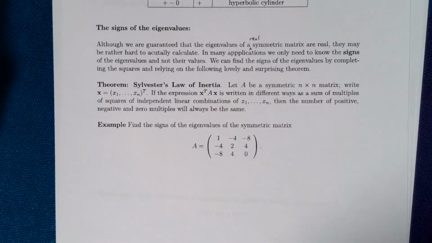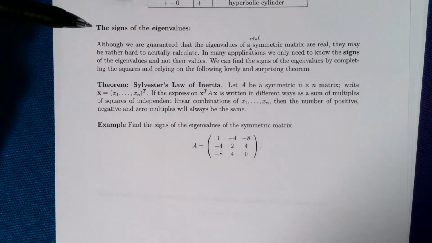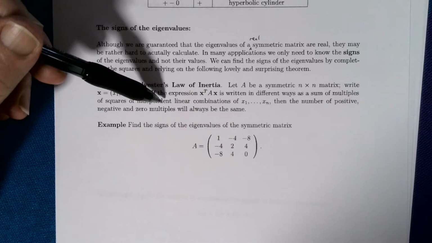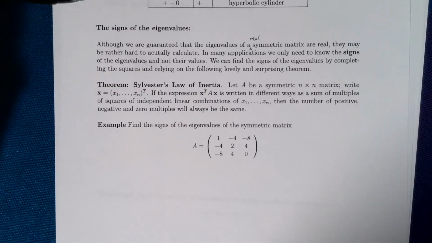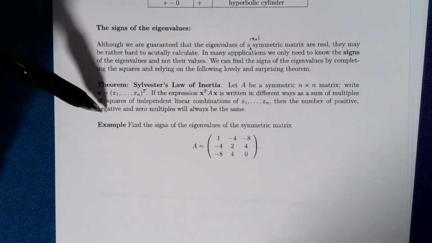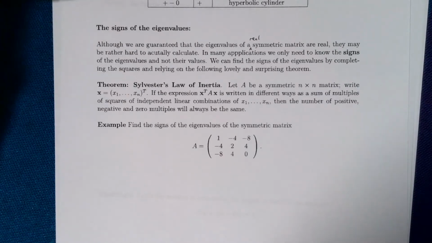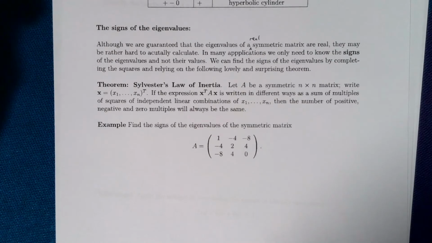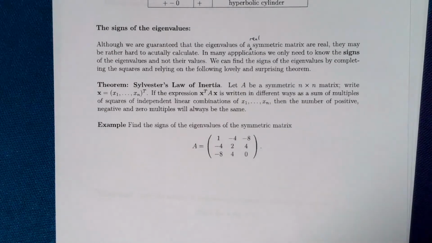Then if the expression can be written as a sum of multiples of squares of independent linear combinations of these x's, then the number of positive, negative and 0 multiples is always the same. So the number of the positive, negative and 0 multiples of these sums of squares correspond to the signs of the eigenvalues. So let me do an example to show you how nice this is.